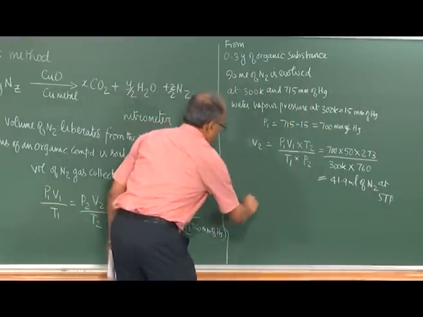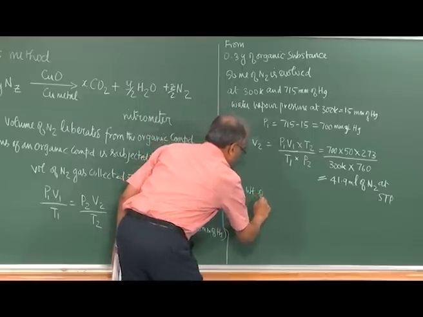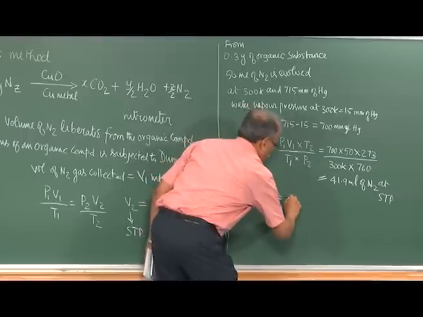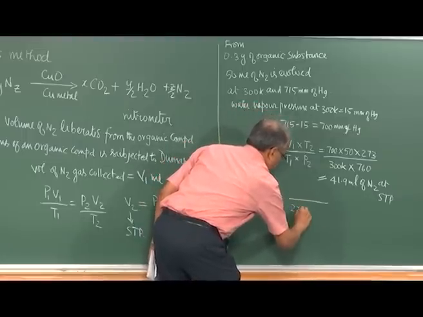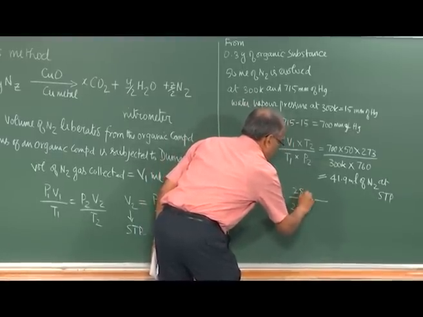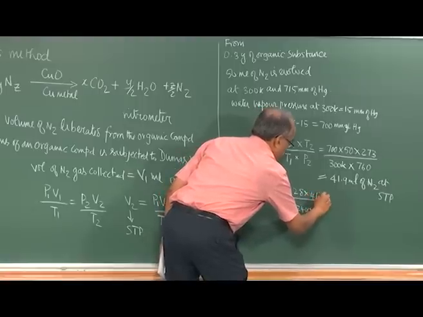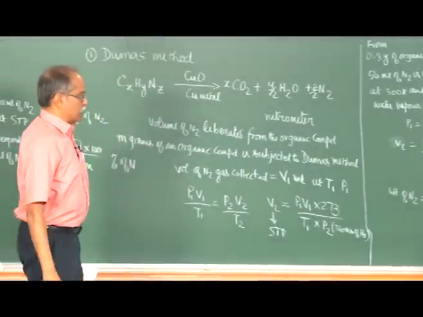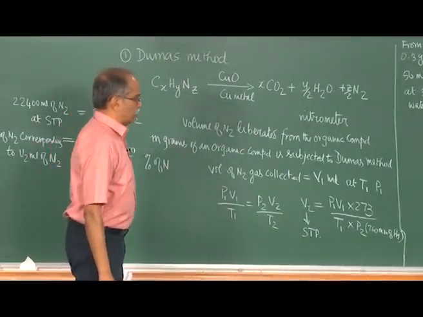Therefore, weight of nitrogen is equal to, for 22,400 milliliters it corresponds to 28 grams. Therefore, for 41.9 milliliters how much does it correspond to? So, one can solve this particular arithmetic problem.